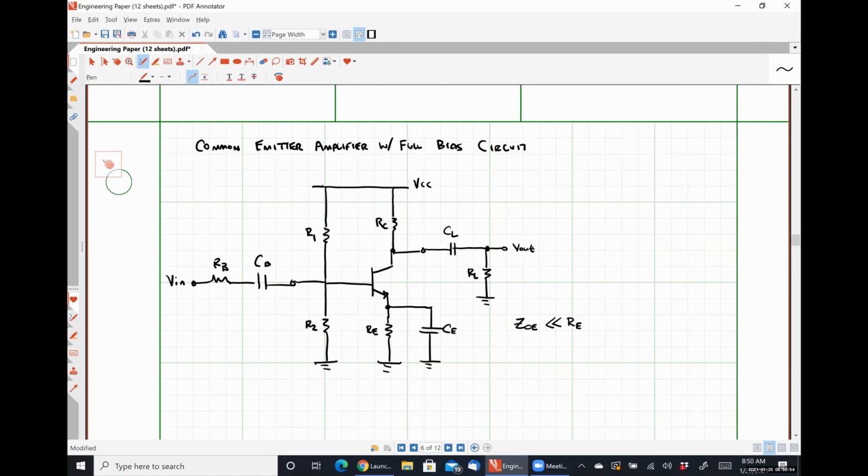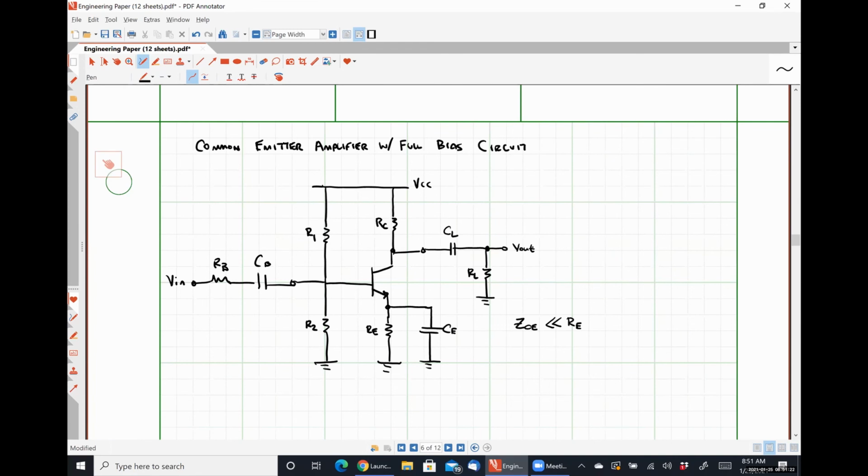And here's where we would take our true output voltage of our system. That capacitor is taking away the DC component of our output so that we only see the AC component at our output, because it would behave as a short circuit.